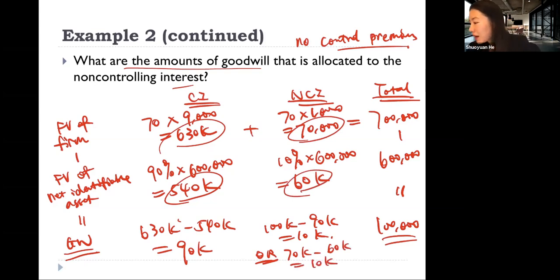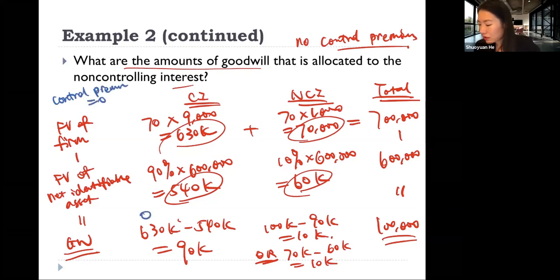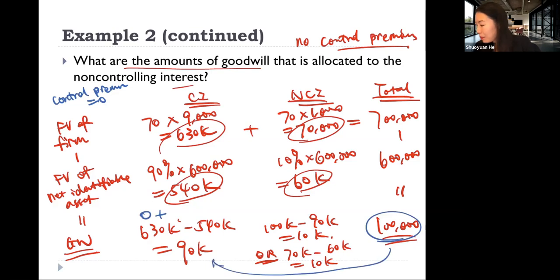The last way to look at it is that in this situation, the control premium is 0. So we take the 100,000 allocated minus 0, which equals 100,000. Then we allocate this 100,000 between controlling interest and non-controlling interest according to the ownership percentage.